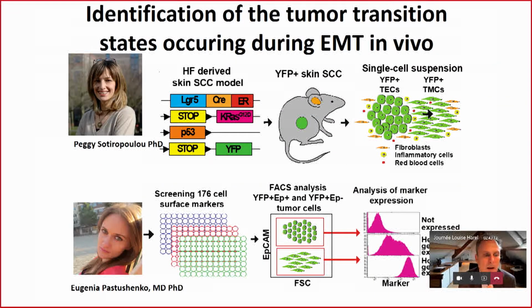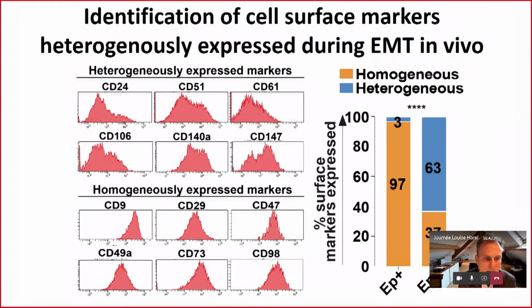So to address this question, we screened a panel of cell surface markers and checked whether the EpCAM positive tumor cells or the EpCAM negative tumor cells express a homogeneous or heterogeneous level of additional markers. Next slide. So we screened these 200 cell surface markers, and what we found is that the EpCAM positive tumor population was very homogeneous.